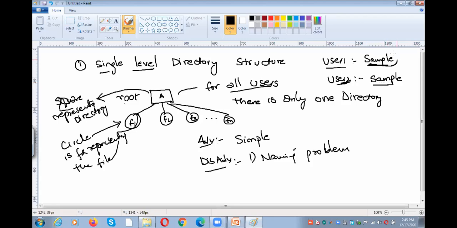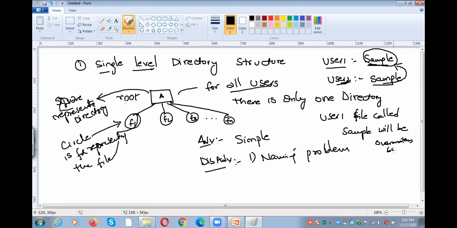User 1's file called sample will be overwritten by user 2's sample. Why? Because in the same directory we cannot make two files with the same name. So let me check.